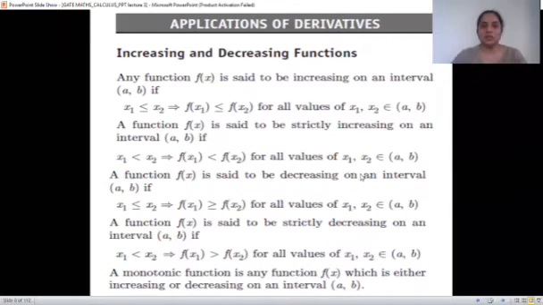Okay, next is application of derivatives. So the first application is increasing and decreasing functions. What actually is an increasing and decreasing function?